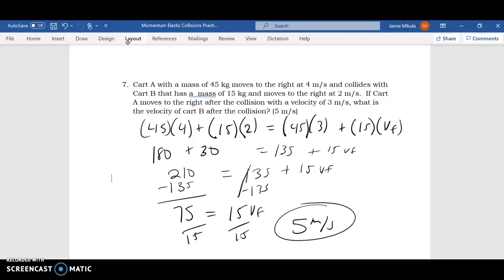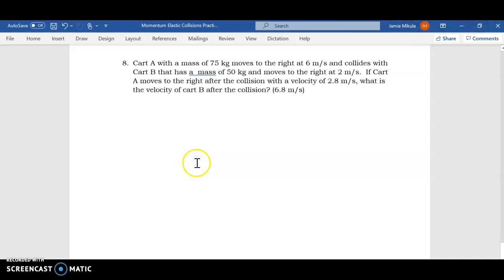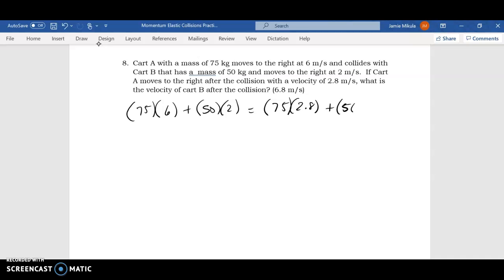All right, and last one, 75 moves to the right at 6 plus 50 moves to the right at 2 equals 75. Part A moves to the right at 2.8 plus 50 VF.